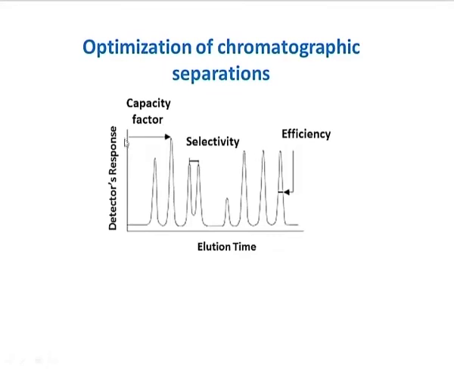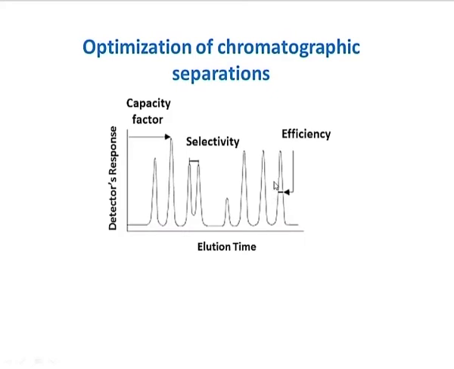So, all these questions can only be addressed if we have parameters through which we could handle, manipulate and govern all these 3 factors: capacity factor, selectivity, efficiency, quite independently of each other, and get a very well resolved chromatogram, and that is the purpose here.